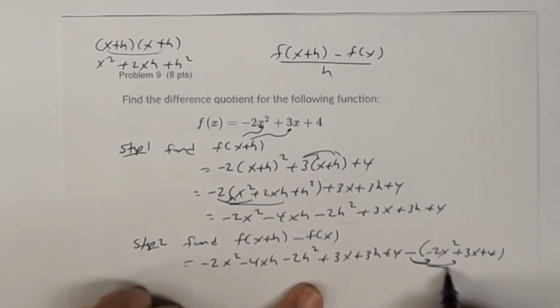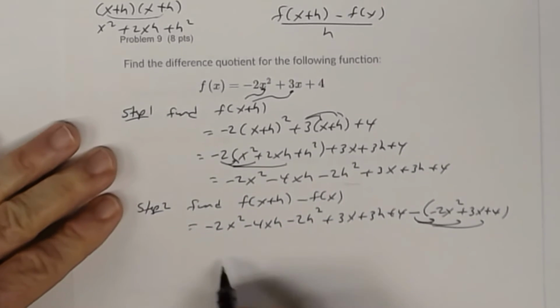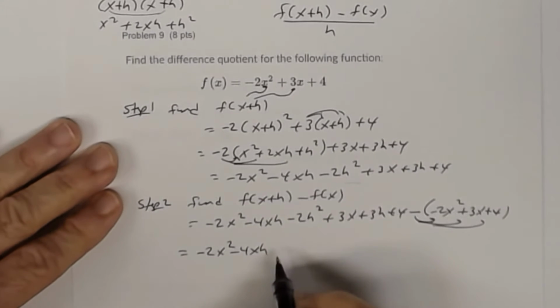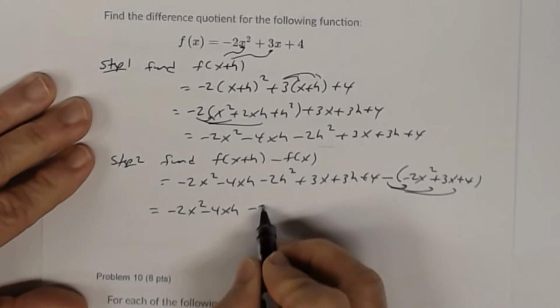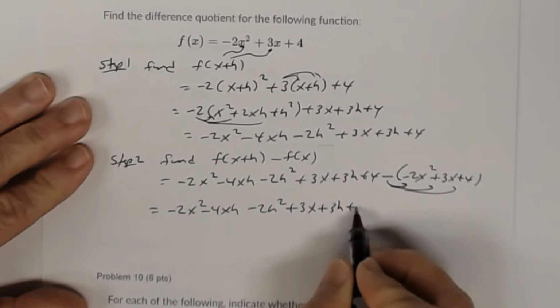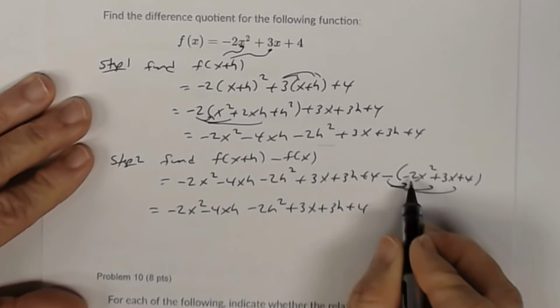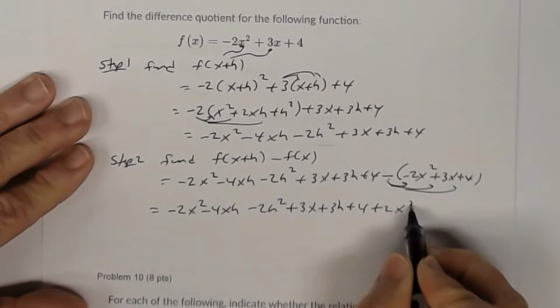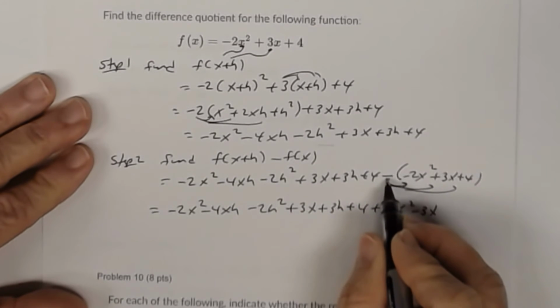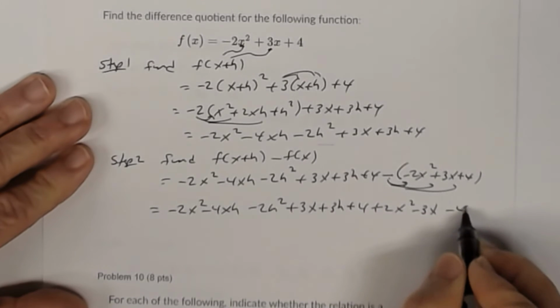Now getting rid of the parentheses, distributing the negative, this becomes negative 2x squared minus 4xh minus 2h squared plus 3x plus 3h plus 4. The opposite of a negative 2x squared is a positive 2x squared. The opposite of a positive 3x is a negative 3x. And the opposite of a positive 4 is a negative 4.